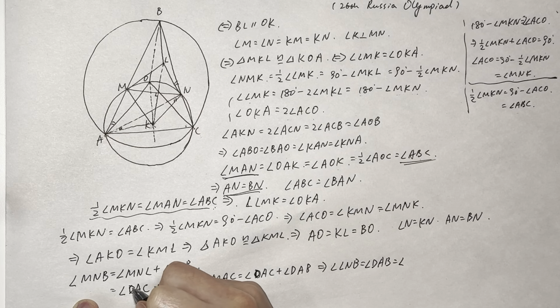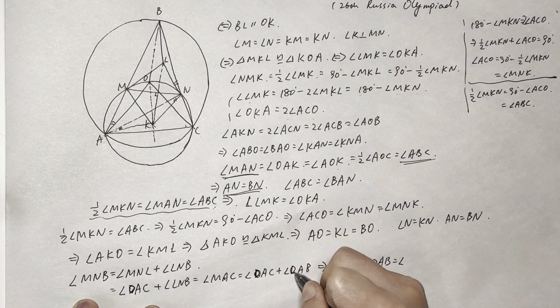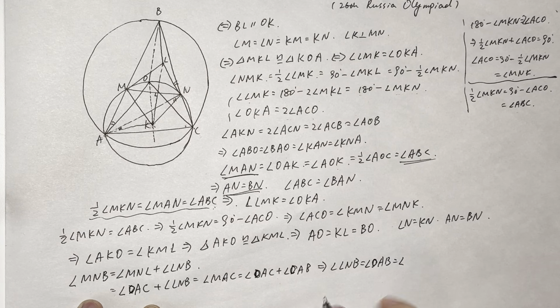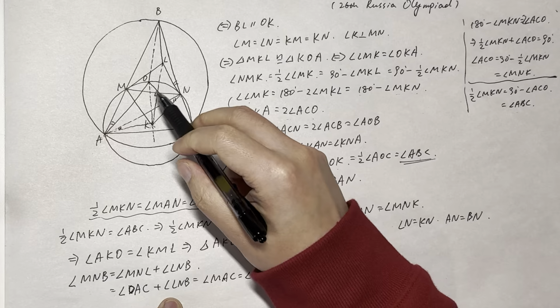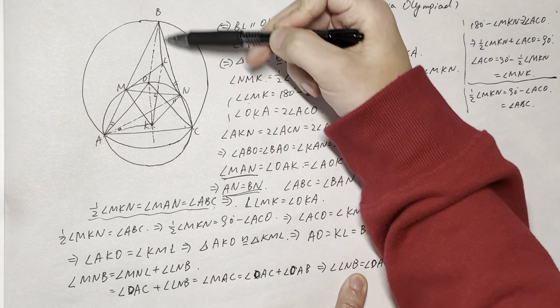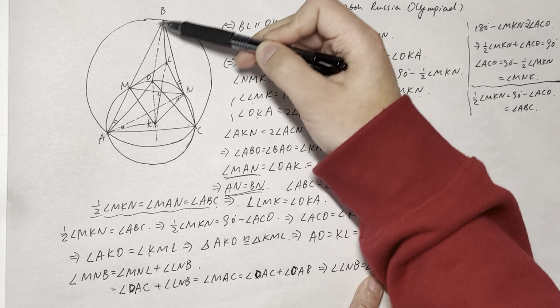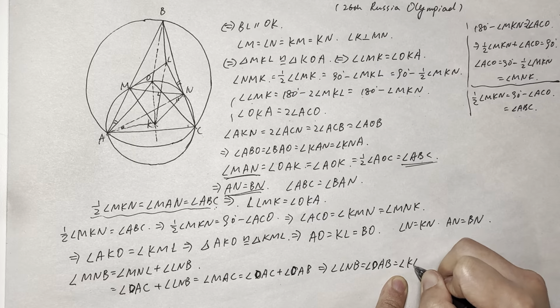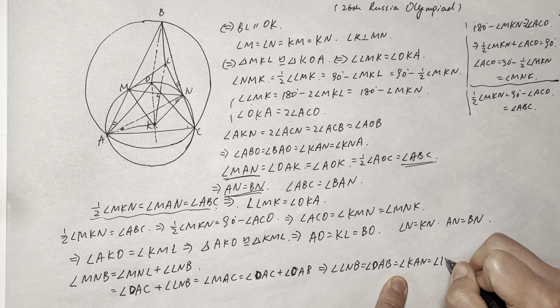This is OAC. Yeah. Okay, this is OAC, no D here, just OAC, OAB. So angle LNB equals angle OAB, right? OAB equals angle KAN equals angle KNA.